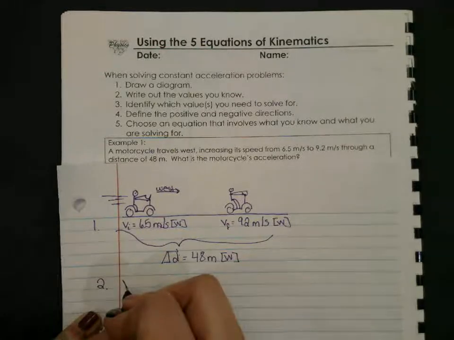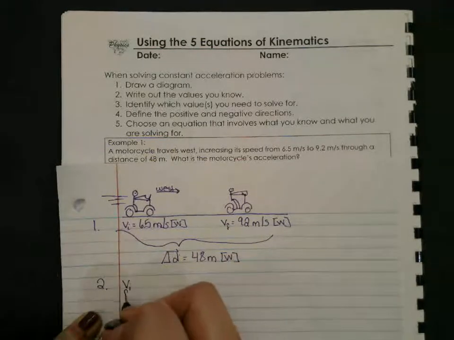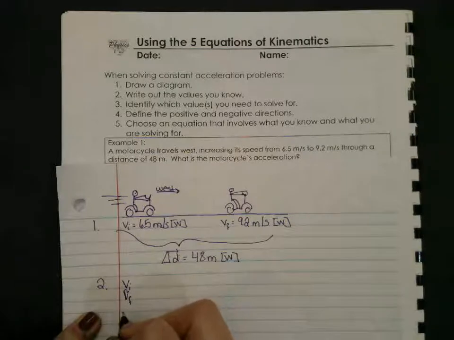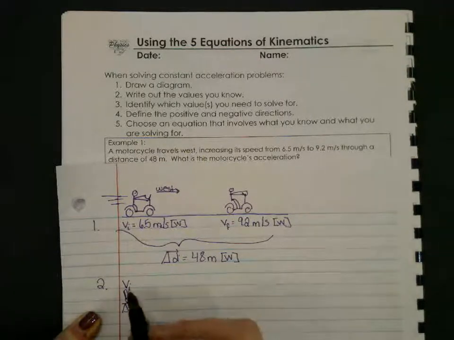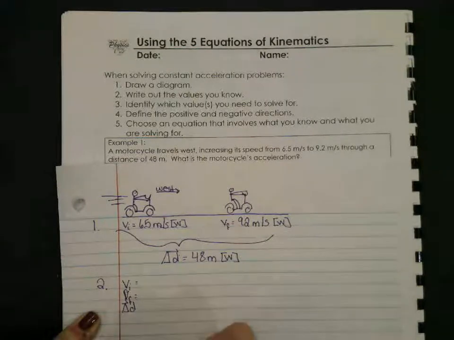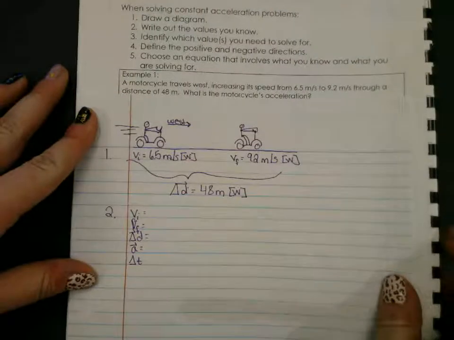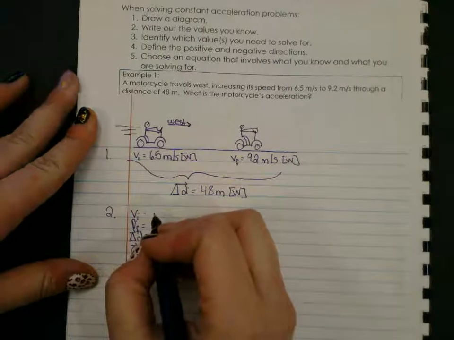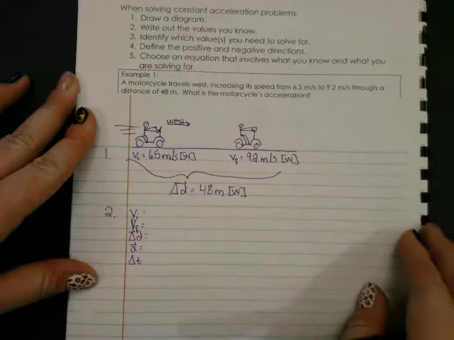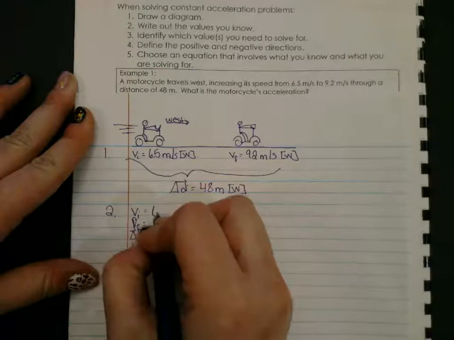So we know, I'm going to write out the 5 kinematic variables. So I have initial velocity, final velocity, displacement, acceleration, and change in time. Those are my 5 kinematic variables. The problem tells us that our initial speed is 6.5 meters per second.